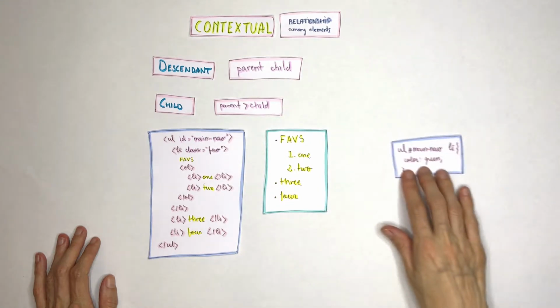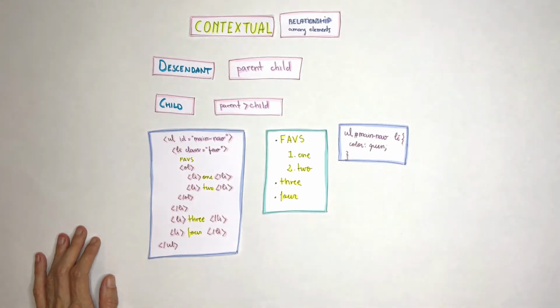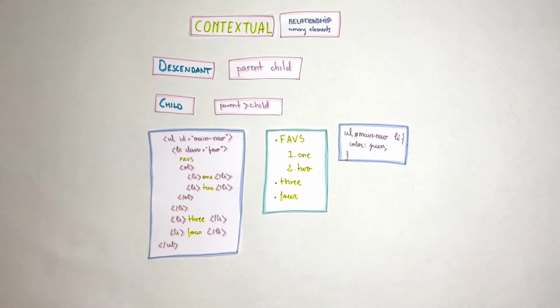If we have this CSS rule, which elements are going to be green? Right, all the LI elements, because we are using here a descendant selector, and this is going to select all the descendants, not only the direct children. You can see here that we are using a combination of selectors.